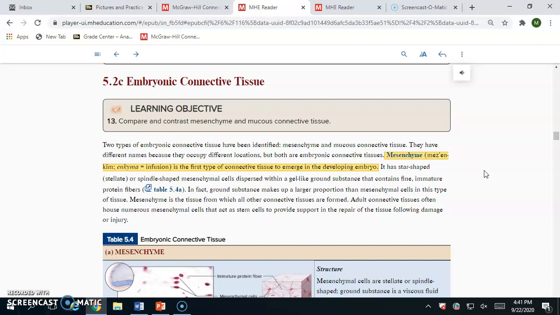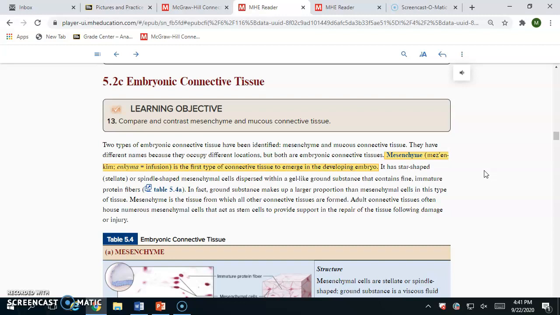Mesenchyme is the very first connective tissue in the embryo, right after the fertilization of the egg by the sperm, when we have that embryo. It's one of the very first tissues that form.